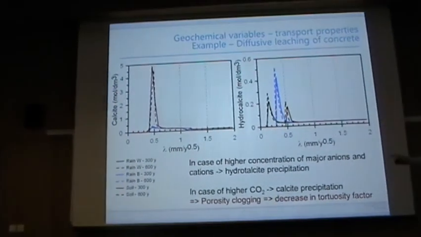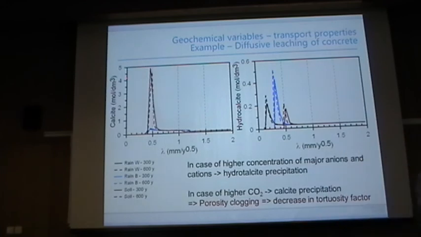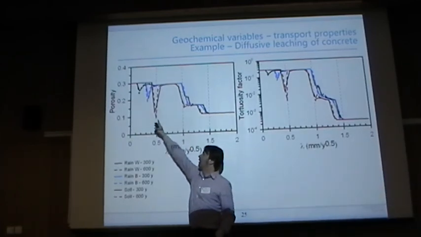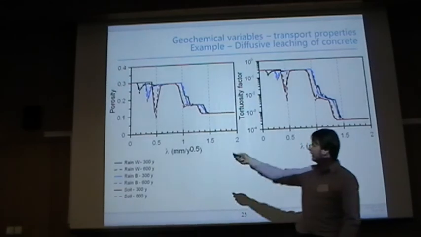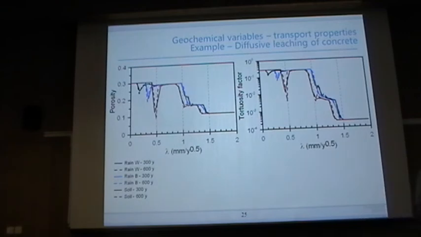You see also that in the case of the bulk deposition there is some precipitation, but that is of magnesium-bearing minerals. So here you see that this calcite produces a reduction both in porosity and in tortuosity, which will slow down the portlandite dissolution front compared to the rainwater.